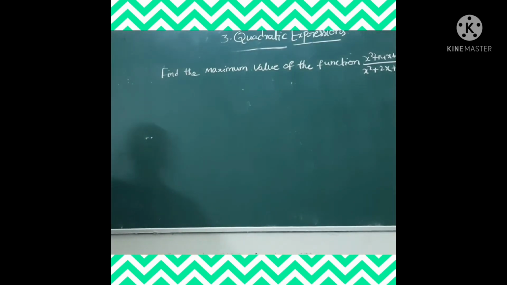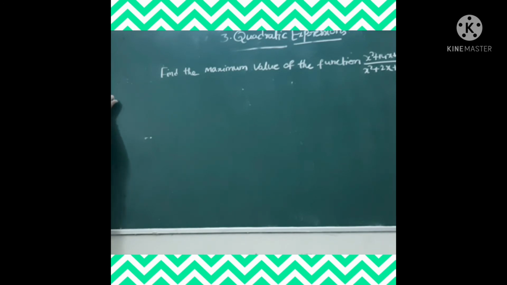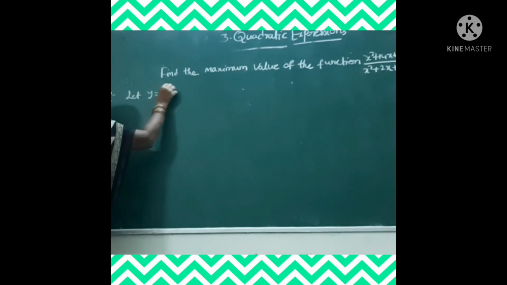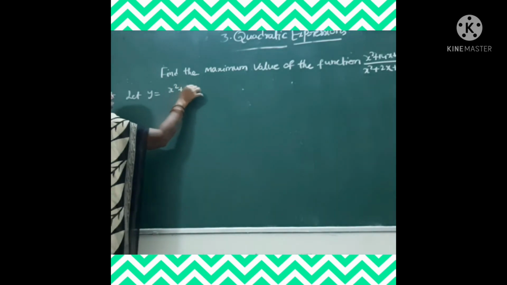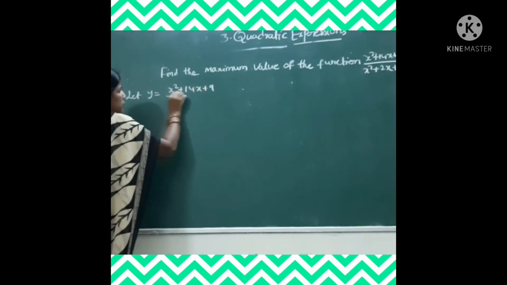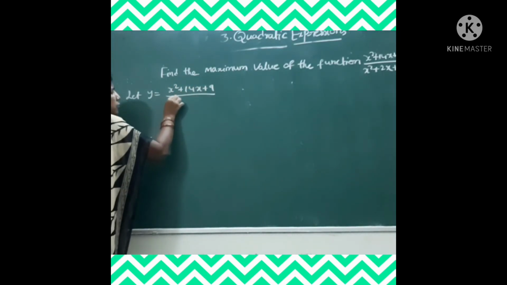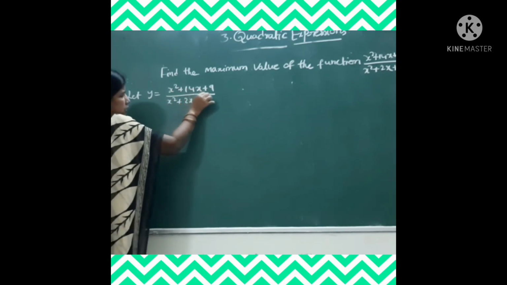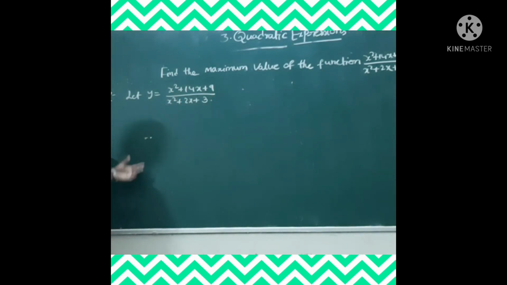So first we find out the range of this function, the range of the quadratic equation. So solution: first, given expression, let y is equal to x square plus 14x plus 9 by x square plus 2x plus 3. This function we arrange as a quadratic equation.